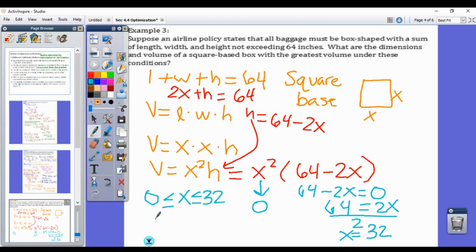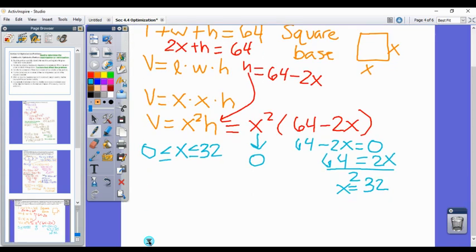Okay, so now I'm going to go ahead and distribute it out. So my volume is 64x squared minus 2x cubed.